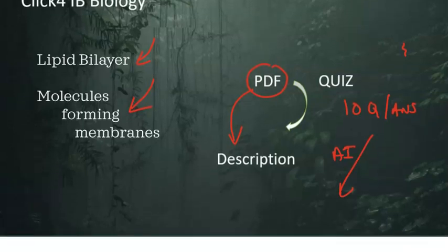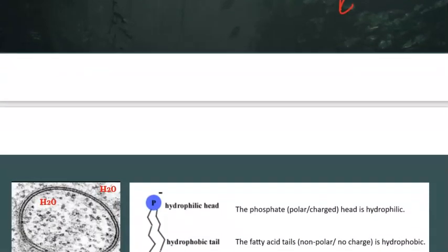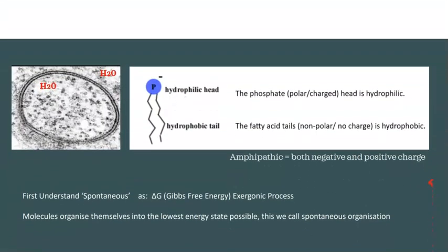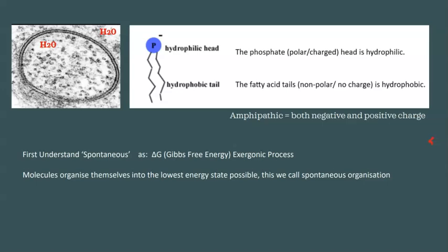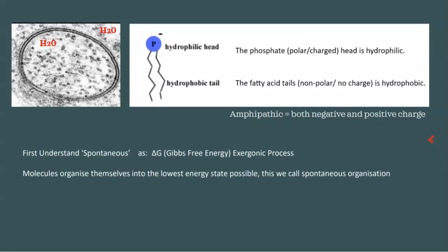So the structure of the cell membrane is critical in understanding almost every aspect of biology and the way in which living things interact. Either they're cells interacting with each other or the cell interacting with the environment in which it is found.